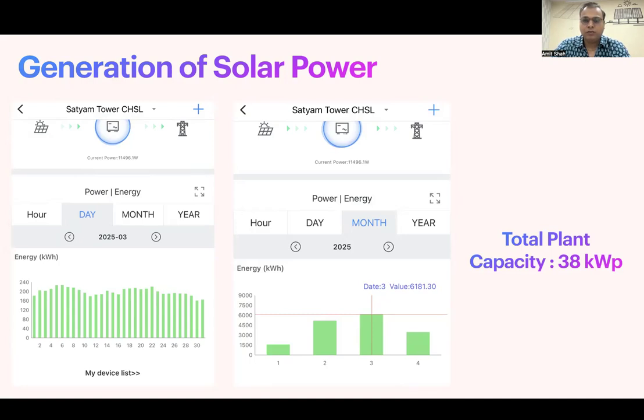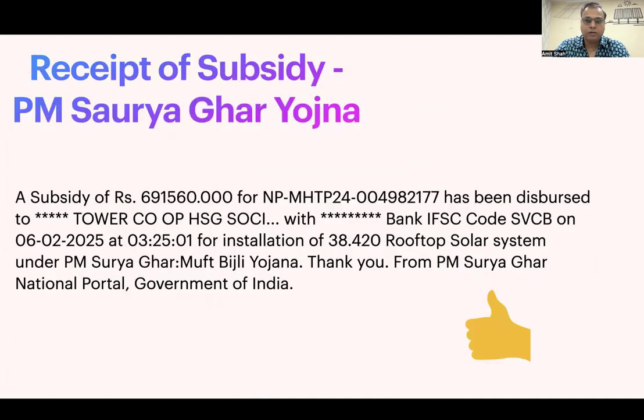The total units generated were 6,181 units, whereas the total plant capacity was 38 kilowatt. So 38 kilowatt in March can generate 6,181 units.